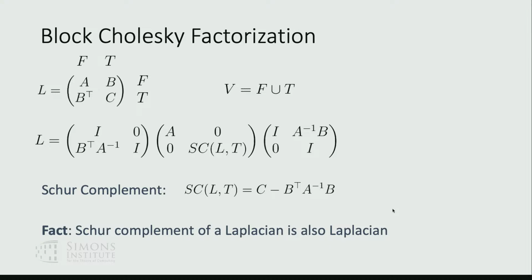You can show all of these three facts, and you end up showing that the Schur complement is also a Laplacian. So that's the first thing. The Schur complement gives me a factorization where the block diagonal has Laplacians.